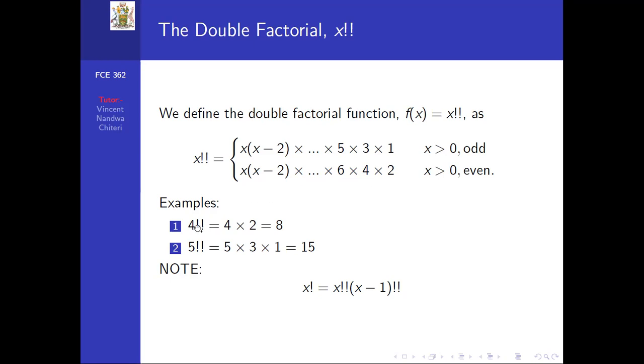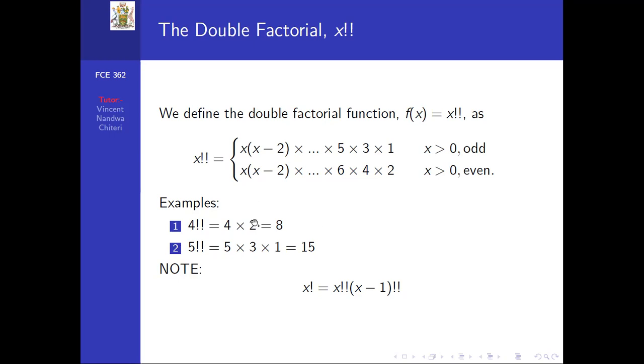For example, 4 double factorial is the same as 4 times 2, because 4 is an even number, and 5 double factorial is the same as 5 times 3 times 1, because 5 is an odd number, which gives 15.